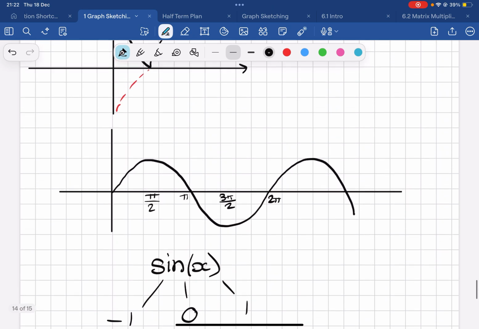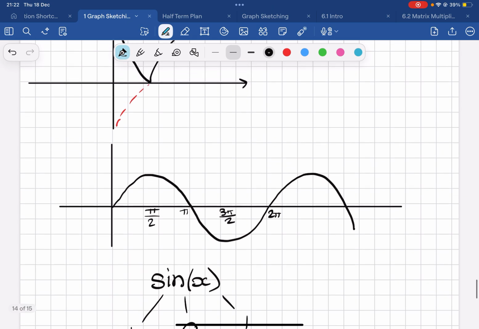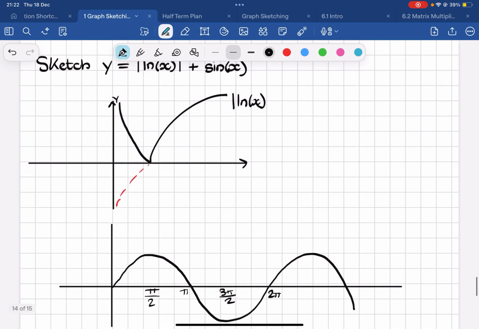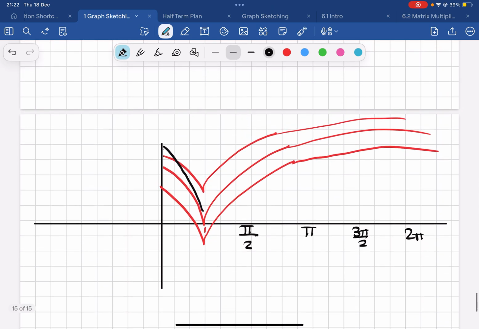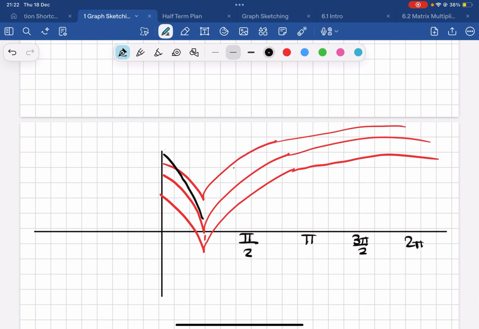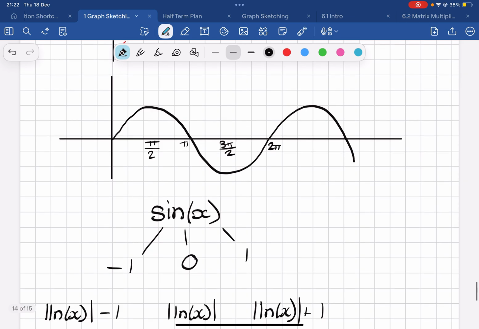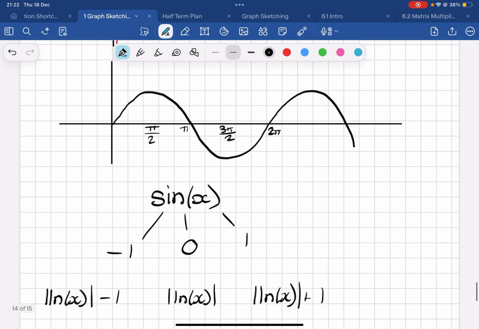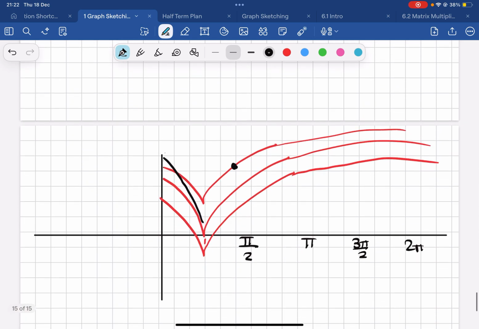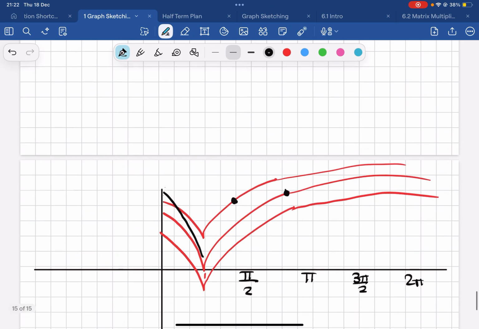Our first main point on the sin x graph is pi over 2. Here the value is 1. So we go to mod ln x plus 1, which is about here. Then for pi, we've got sin x as 0, so we go to the line mod ln x.